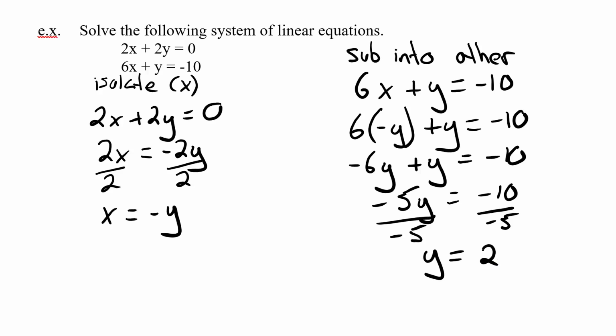My actual answer is a single point, the x, y coordinates that are going to satisfy both equations. I now know that the y coordinate is 2. That's a pretty big number I need. So how do I get my x? Well, I need to substitute my y of 2 into either of the equations.